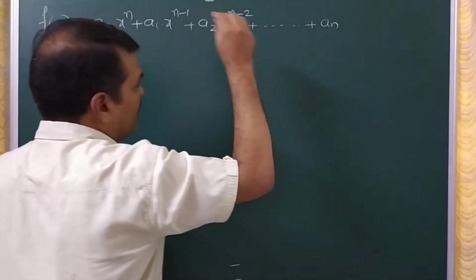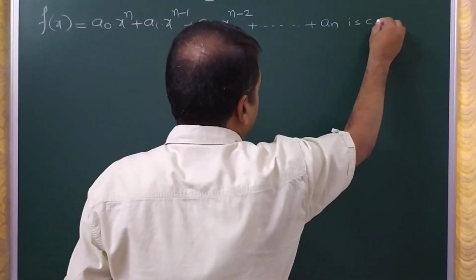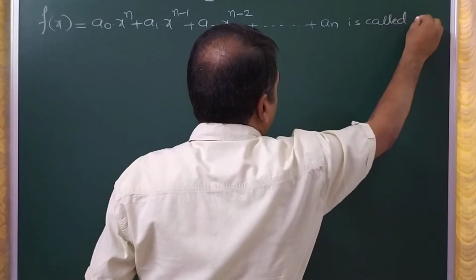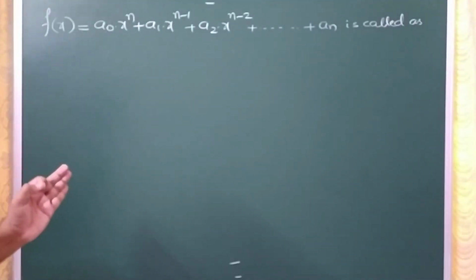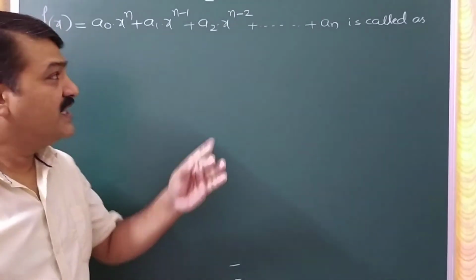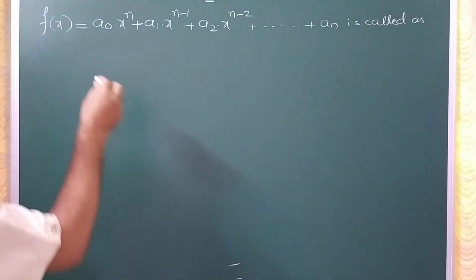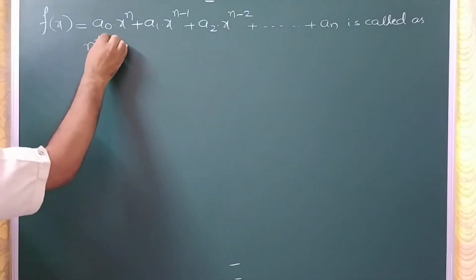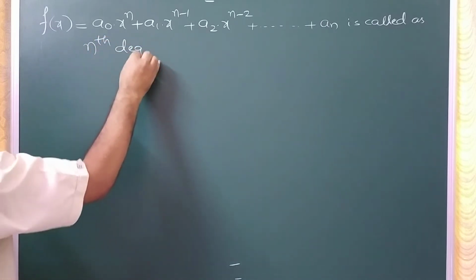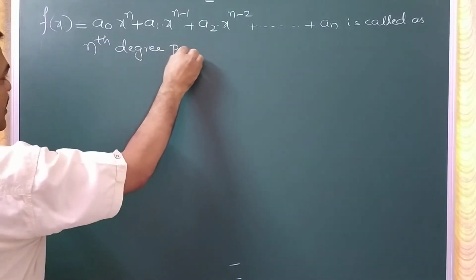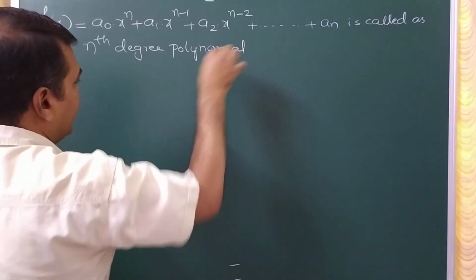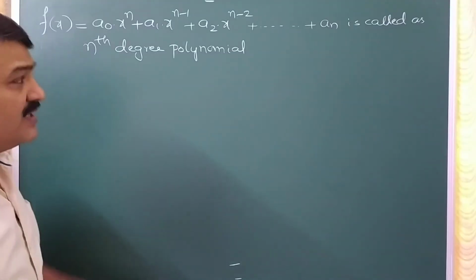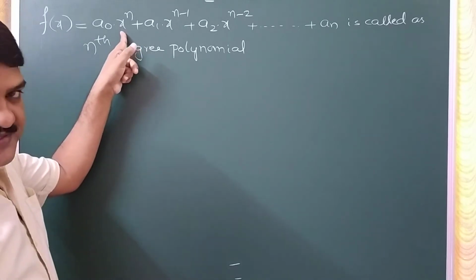So this is called a general polynomial of nth degree in variable x. Okay, so this is called an nth degree polynomial with variable x.